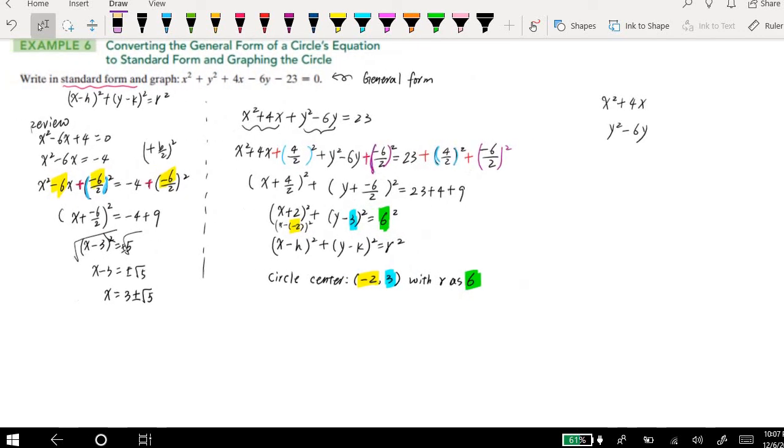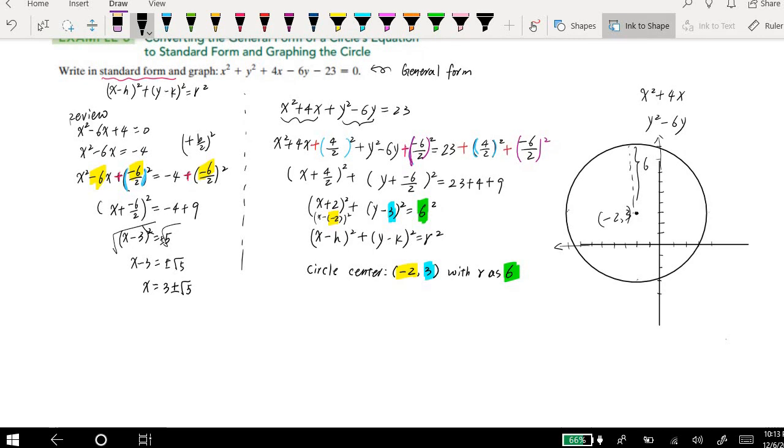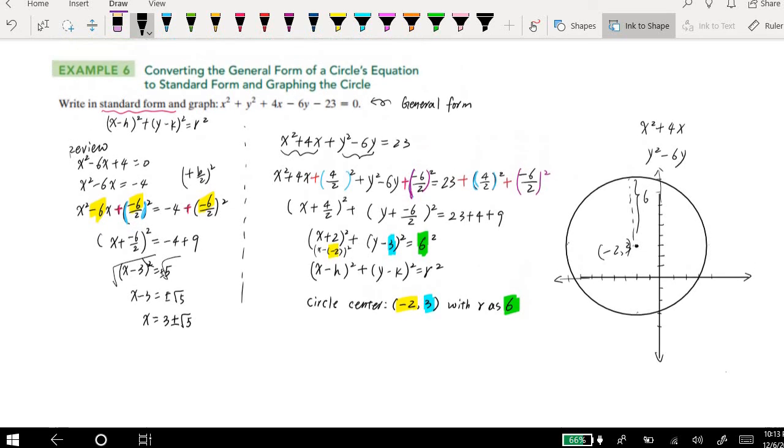The graphing part is kind of easy, so I'm just going to do it really quick. This type of question is a little bit tricky, so maybe you need some practice. The main part is to go back and look. First I give you the general form, so you have to rewrite it: you put the x terms together, the y terms together, and the constant on the right side.